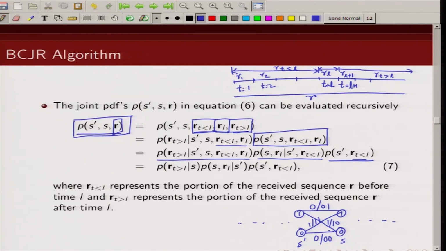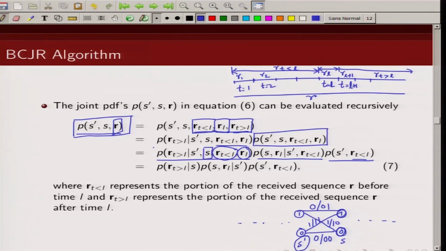Now, note that if I specify this next state, then I do not need information about the previous state, I do not need information about what is the current input, I do not need information about what was the received sequence before L, provided I know what the next state S is.